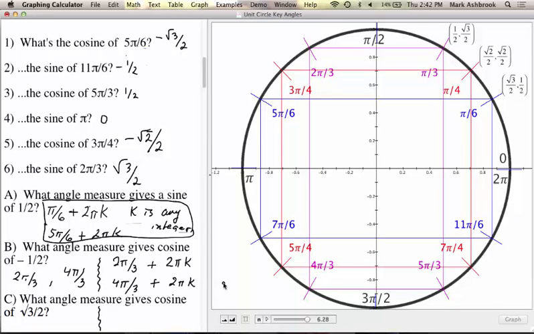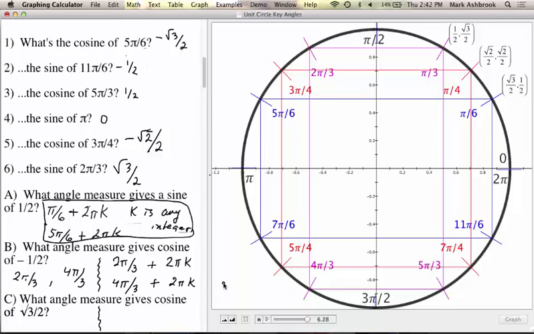So, when you have an angle, do you get exactly one sine associated with that angle measure, or could there be more than one value of sine associated with that angle measure? If you're given an angle measure, exactly one value of the sine of that angle measure, or more than one?